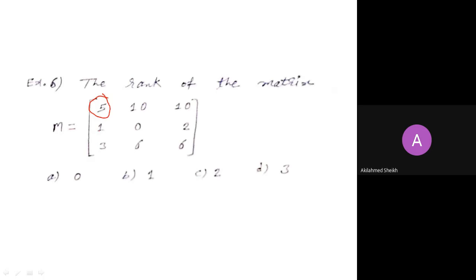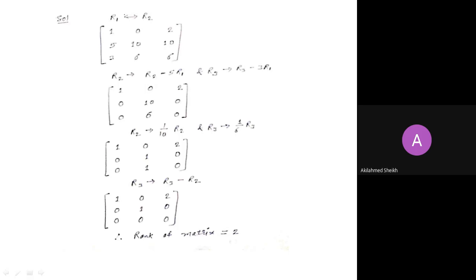So first of all, interchanging these two rows R1 and R2, we get 1 at the first place. So this matrix becomes, now here we have to make this element 0, and again this element 0. Here we are trying to make the elements of the first column 0.